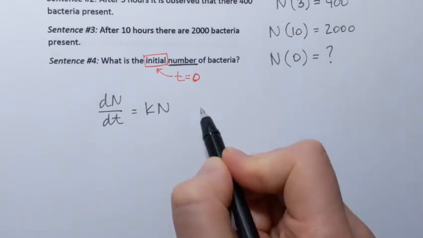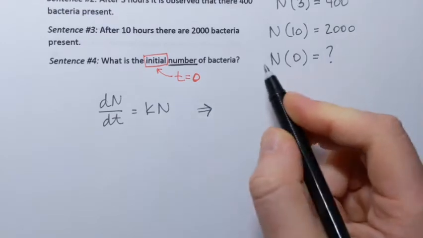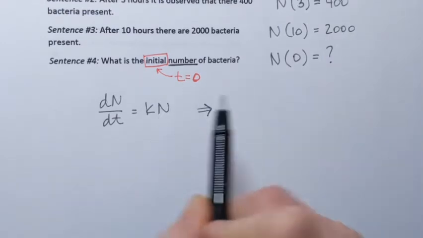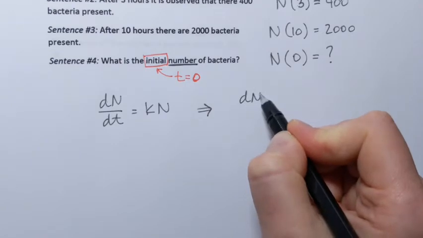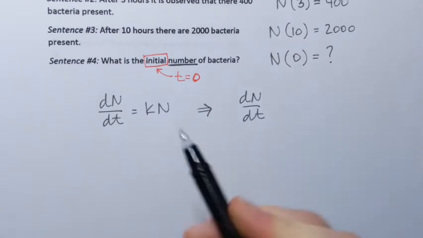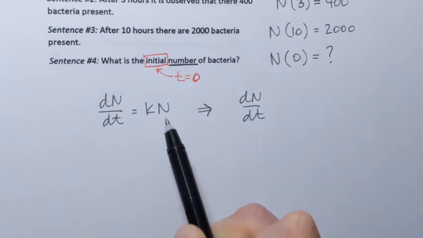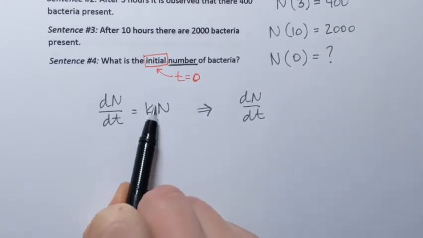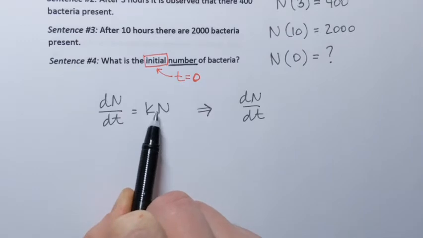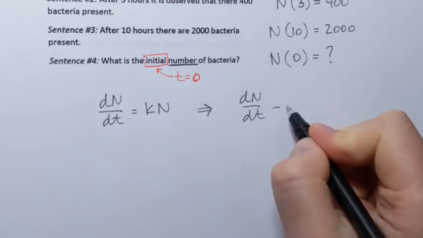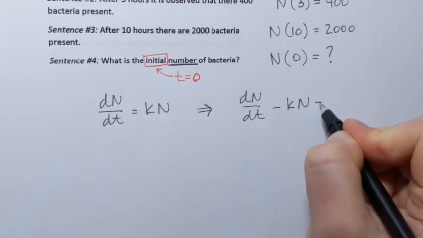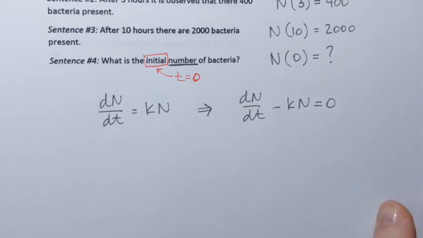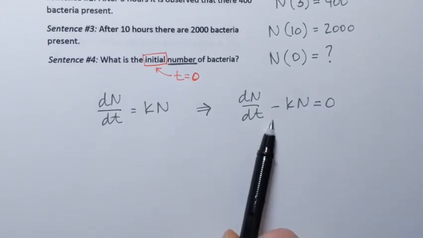And if I rewrite it in the standard form, remember the standard form is when we have the derivative and our dependent variable on one side. So n is our dependent variable. In other words, kn, I'm going to move to the left-hand side: dn/dt minus kn equals 0. So now we have our linear differential equation in standard form.